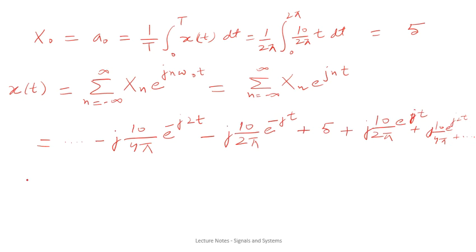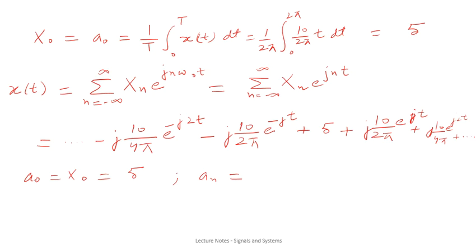Okay, so now since a naught is always equal to x naught, it will be 5, and an and bn you can just obtain by using the relation which I just gave you in the first slide.